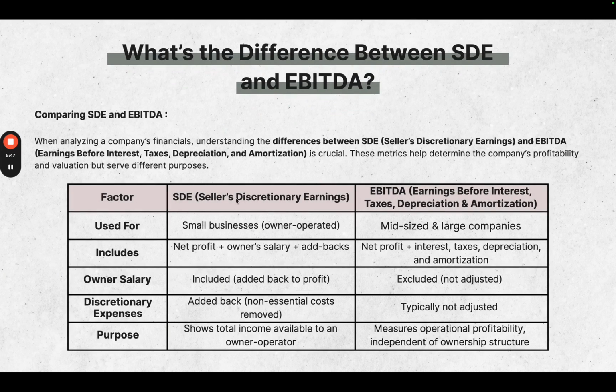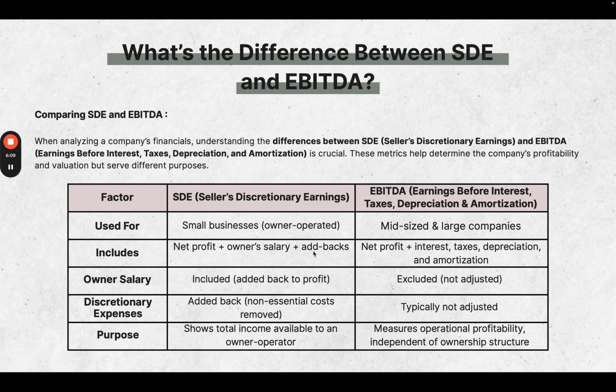So this is in more of a table format to understand at least the difference between SDE and EBITDA. They serve different purposes, as I mentioned, right? SDE is to understand the cash flow available to a new business owner, whereas EBITDA is more about operational profitability, so it's used more as a comparison basis.